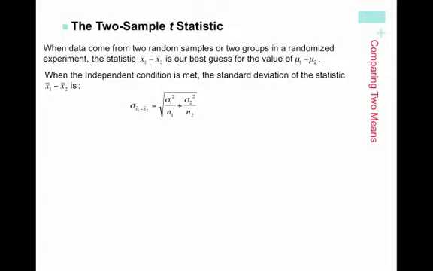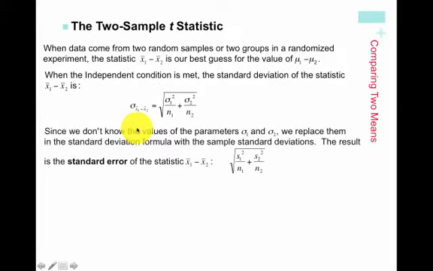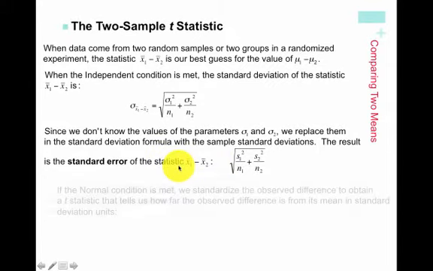When the independent condition is met, our standard deviation of this statistic is as shown. But we don't know the parameters sigma 1 and sigma 2, so we use the standard deviations of the samples, S1 and S2, and now we're talking about the standard error, not the standard deviation of this new sampling distribution.